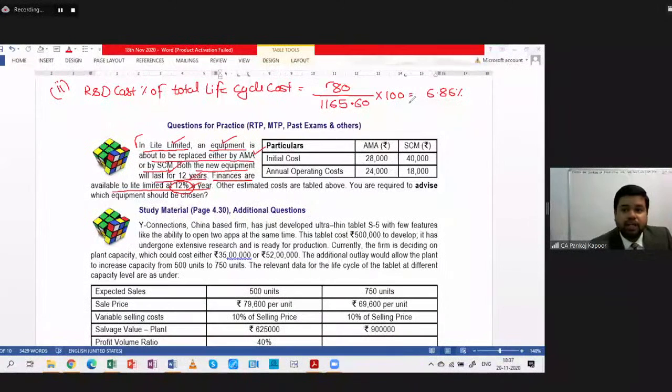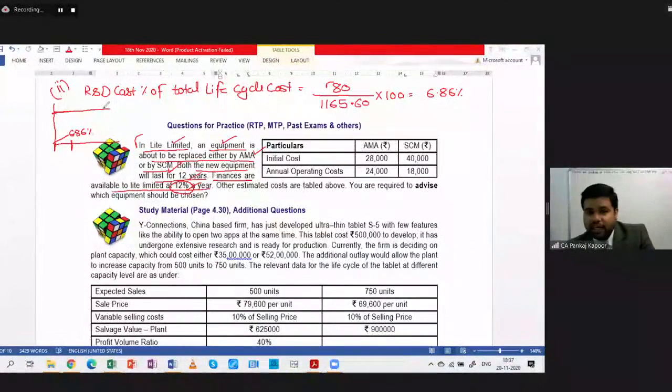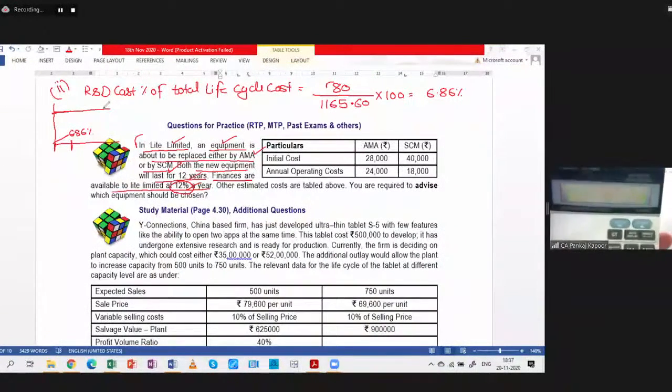Then I explain one thing for you: at the R&D stage, although the cost incurred by you is only 6.86%, by incurring this 6.86% you commit the design. Hence, the cost committed by you is around 80% of the product. We can take an example. Although I'm in the small window, I believe this calculator is visible to you.